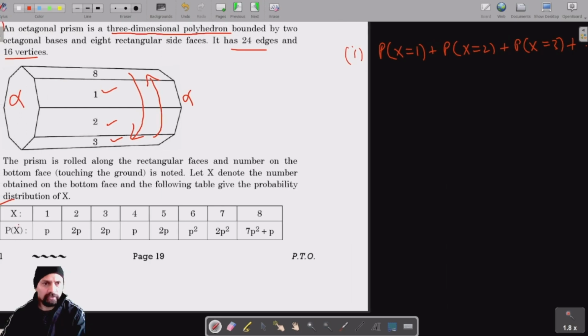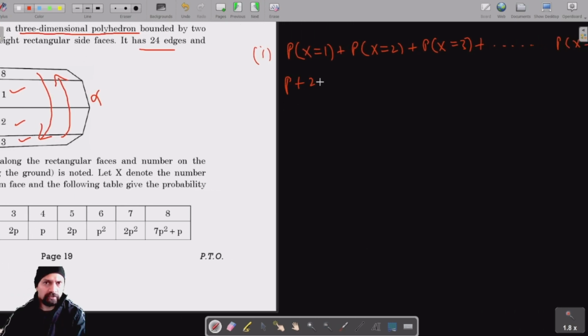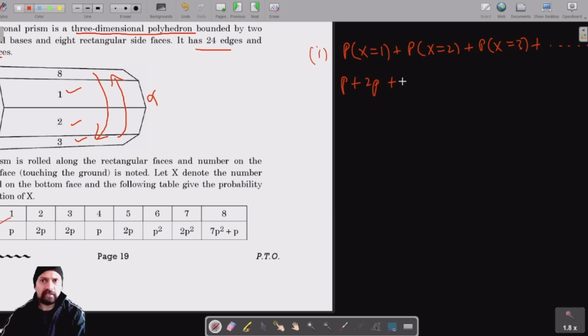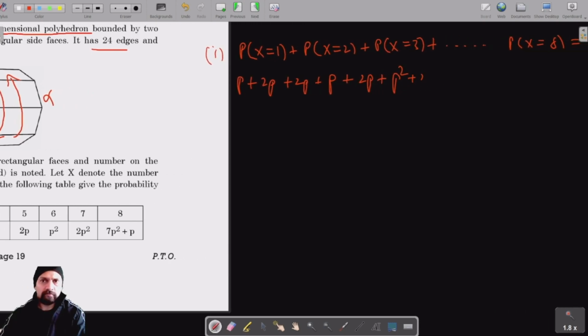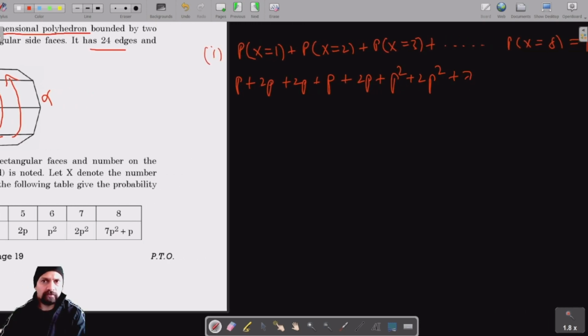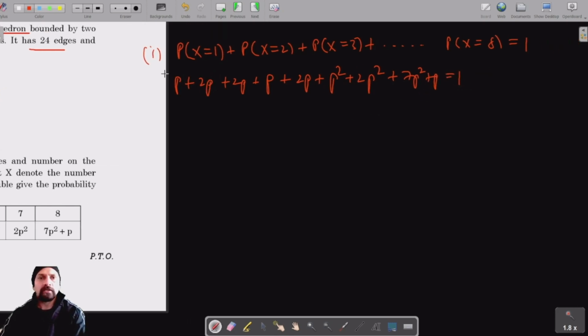Let's add the probabilities: p plus 2p plus 2p plus p plus 2p plus p square plus 2p square plus 7p square plus p. These should be equal to 1. So 1 plus 2 is 3, plus 2 is 5, 6, 7, 8, and 9. So this is 9p plus 10p square is equal to 1.